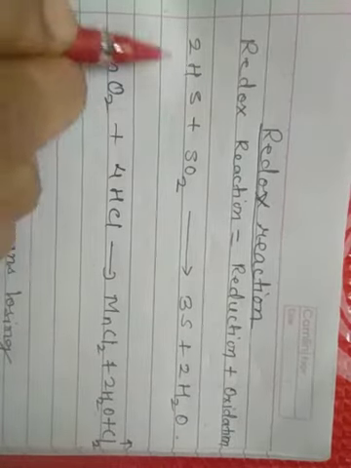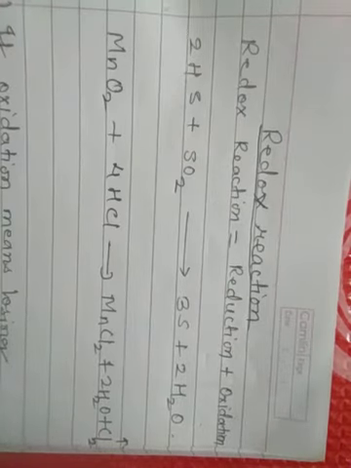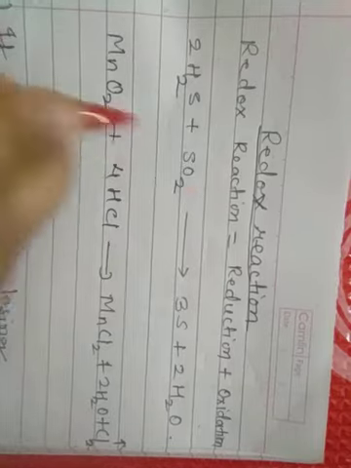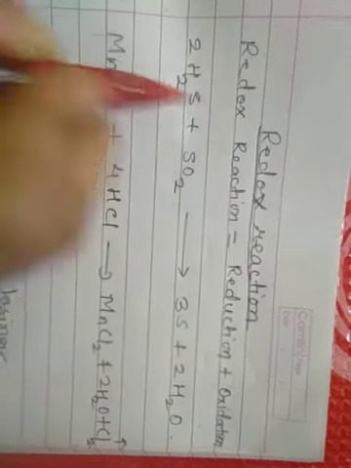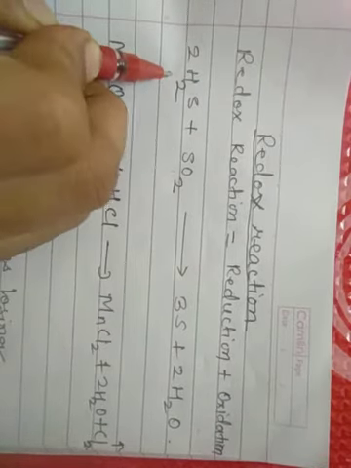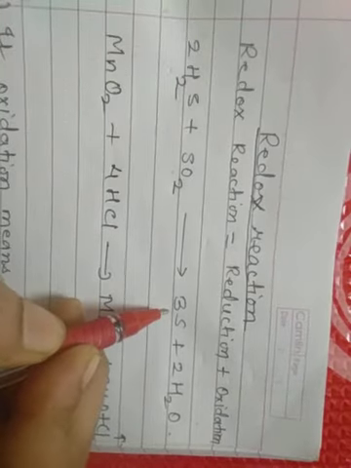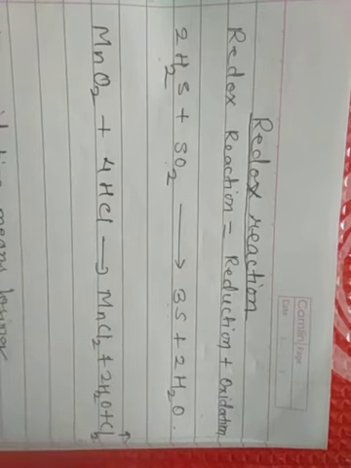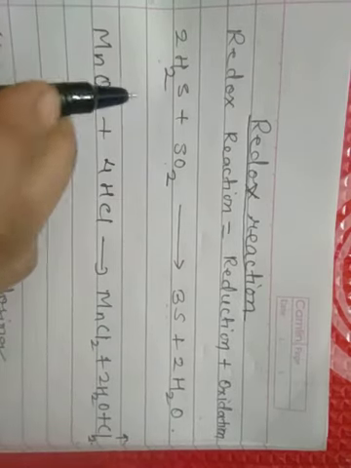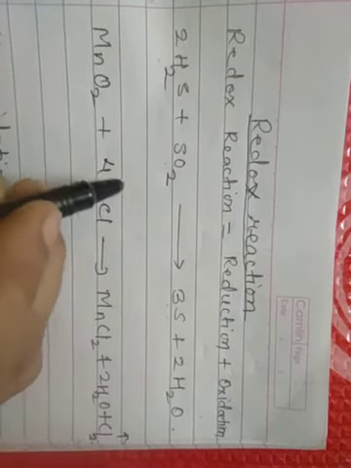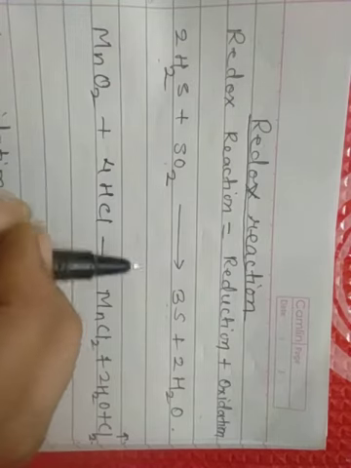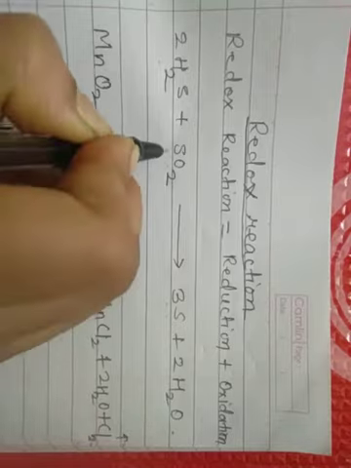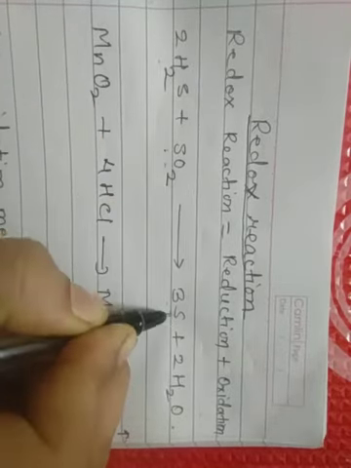In this case, when sulfur dioxide gas is added to hydrogen sulfide, it forms 3 atoms of sulfur and 2 molecules of water. Now who is undergoing reduction and who is undergoing oxidation here? Sulfur dioxide loses oxygen to form sulfur.